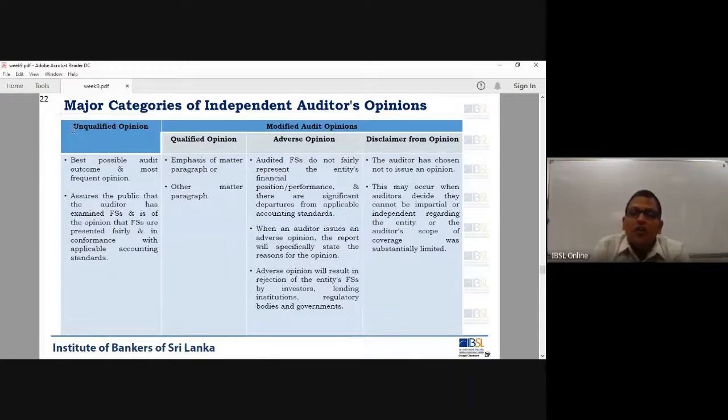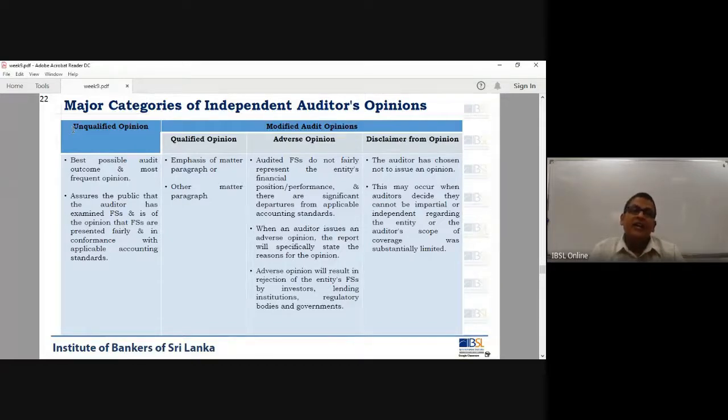The unqualified opinion means everything is perfect. It is the best possible audit outcome and the most frequent opinion. It assures the public that the auditor has examined the financial statements and is of the opinion that the financial statements are presented fairly in conformance with the applicable accounting standards.